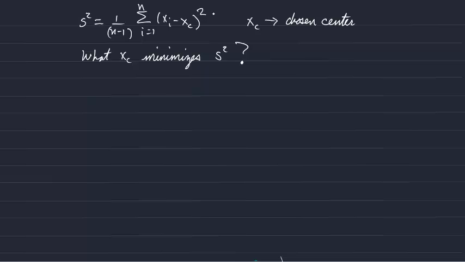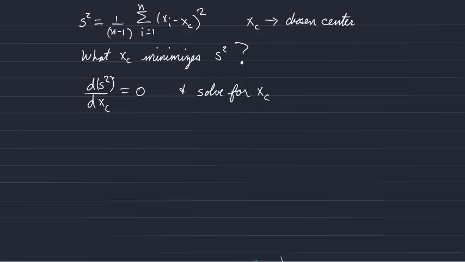Well, we could take the derivative of s squared with respect to xc, the central value, and set that equal to 0, and solve for xc, because a minimum will occur when there's no slope in this function.